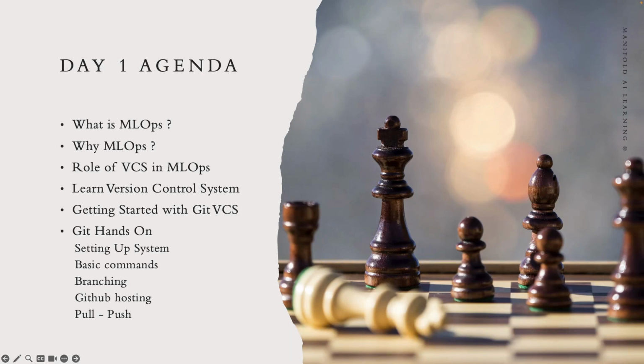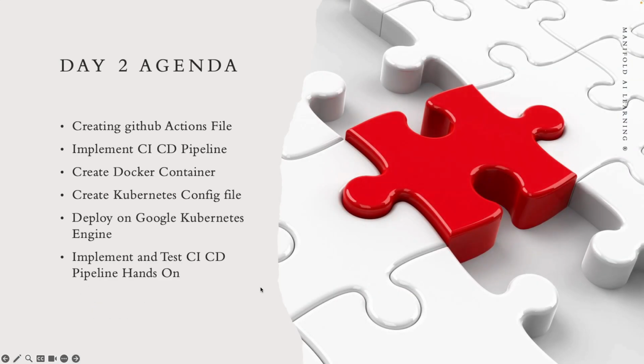Tomorrow's session will be mostly around using the code that we have built in our repository. Using that code, we will be implementing the CI/CD pipeline. We'll create a Docker container, create a kubeconfig file, and deploy it on the Google Kubernetes Engine. We'll also implement the CI/CD pipeline in a hands-on manner.